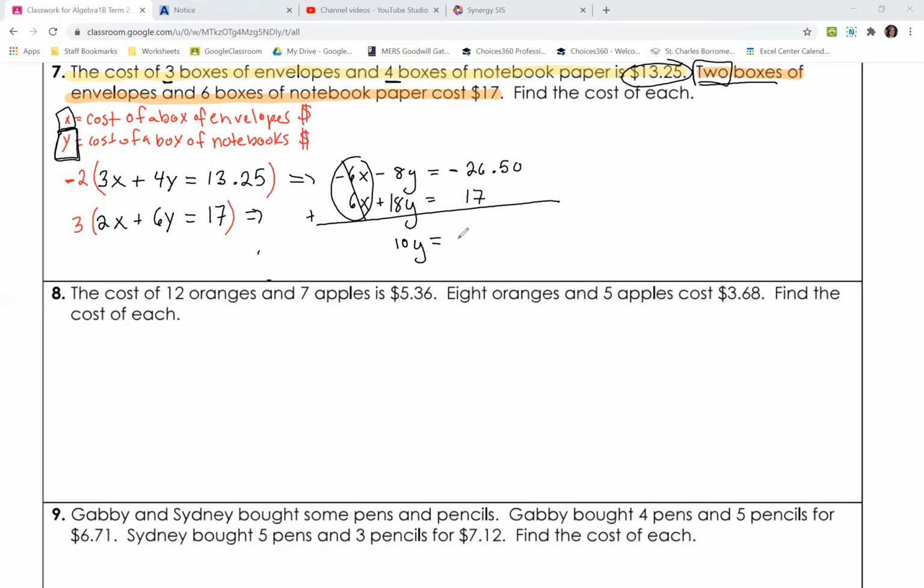Because this will be a negative 950, sorry, a negative 950. But if you look, that's going to make my y a negative number. And we can't have y being a negative number because we're talking about money.